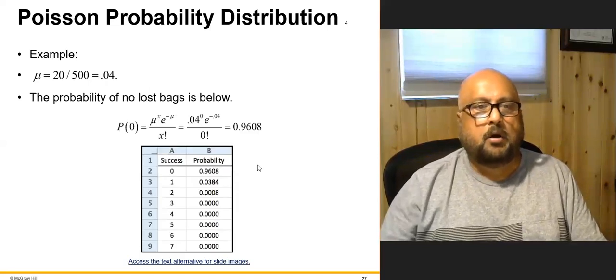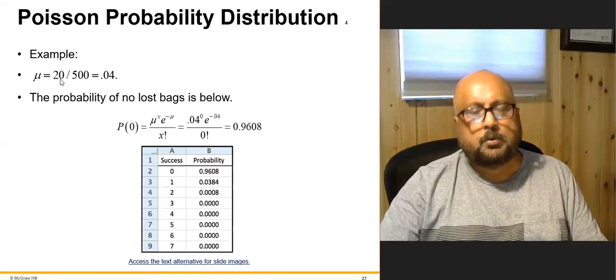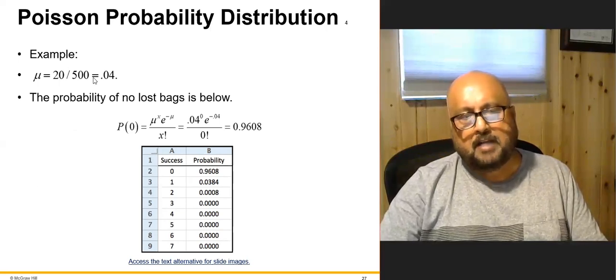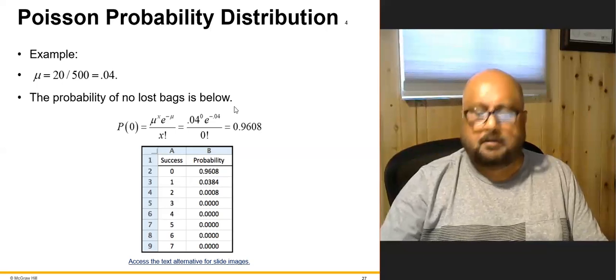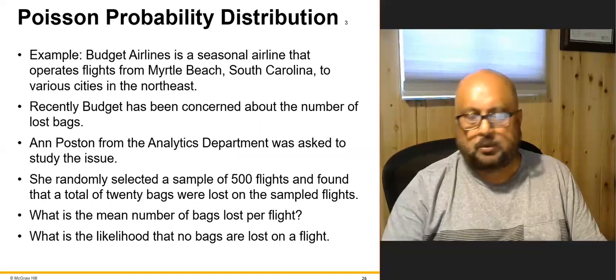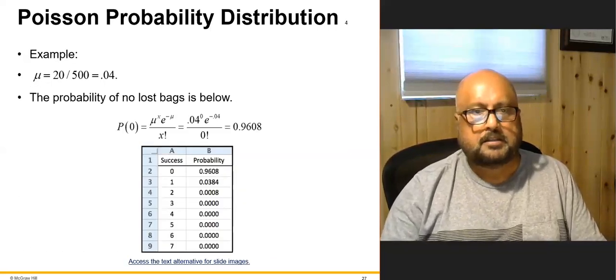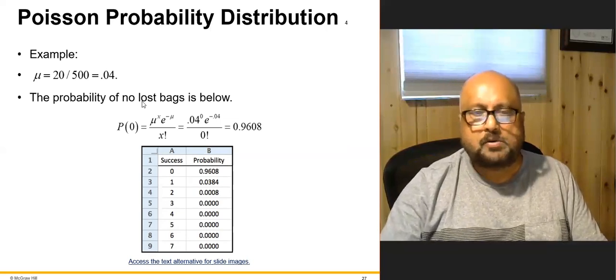Okay, so we know that 20 bags were lost on 500 flights. So what is the mean? The mean is 20 divided by 500, which is 0.04. For the probability of no bags lost, we can simply use the formula. We know the formula for the Poisson distribution, and in this case the value of x is 0, because no bags lost means x is 0, right?